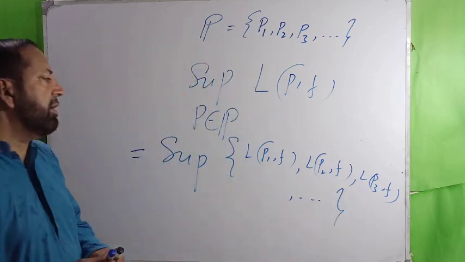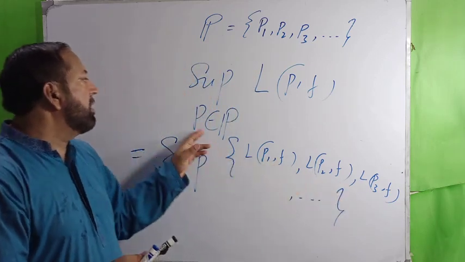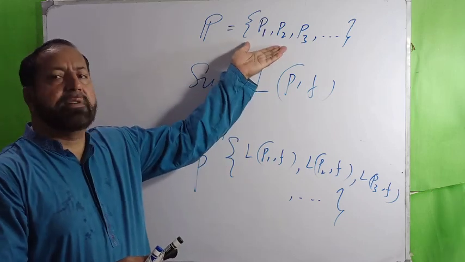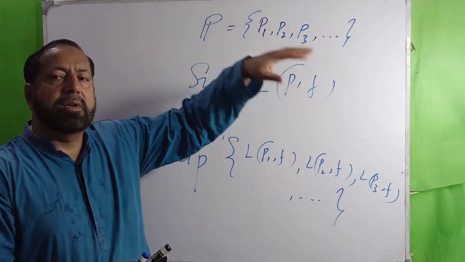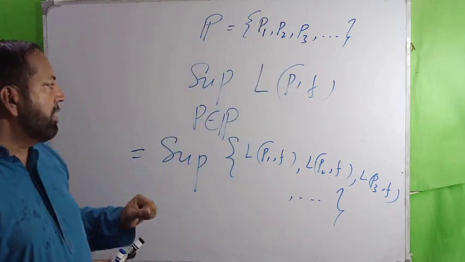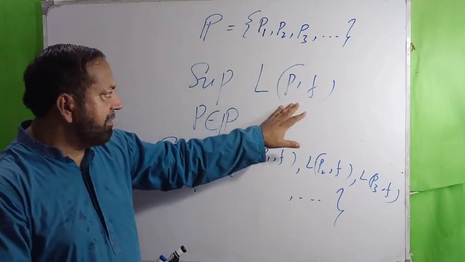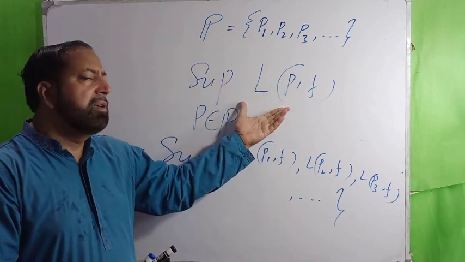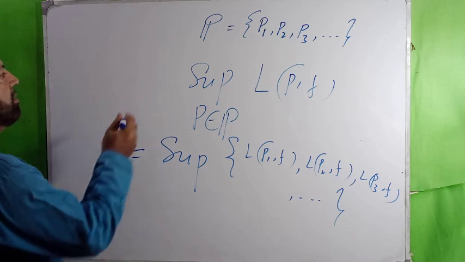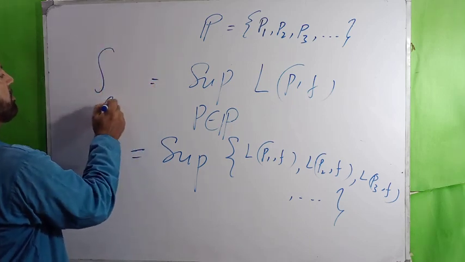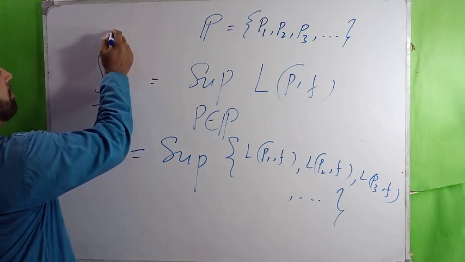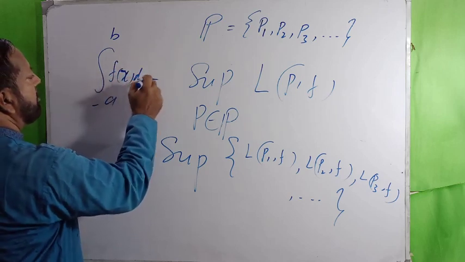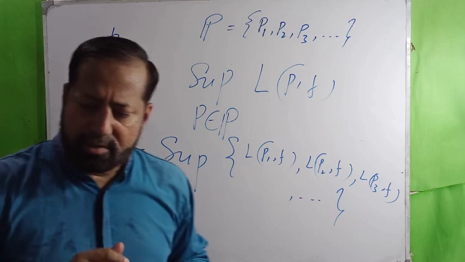Instead of writing this set again and again, we write P belonging to script P, where script P stands for the set of all partitions of your given interval [a,b]. So we label this symbol as the lower integral, from a to b of f(x) dx. Now remember this concept.